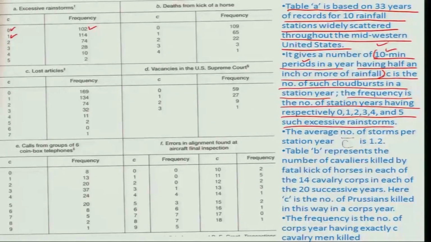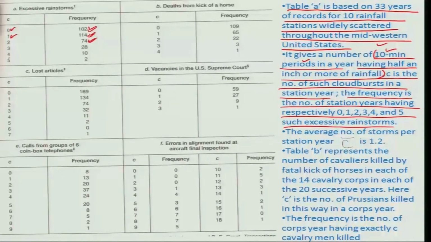Okay, so you have station years. So, in all these station years in question, 102 station years have been recorded where there are 0 such cloud burst incidents, 114 station years where there is 1 such cloud burst incident, 74 station years where there are 2 such cloud burst incidents, so on and so forth.